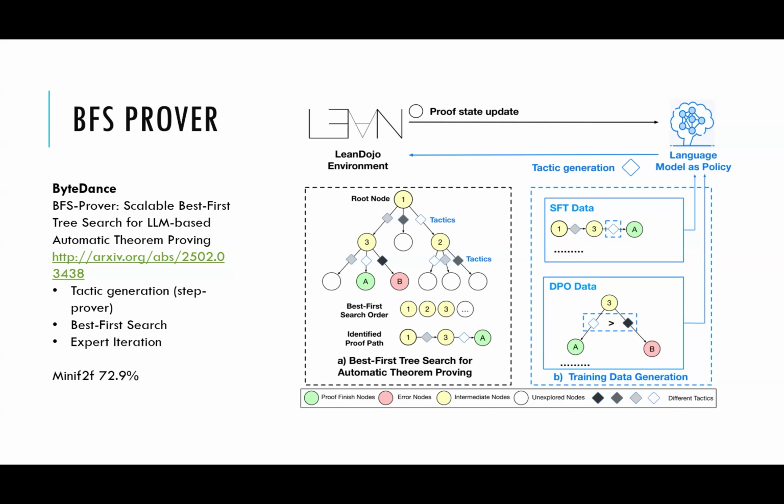So they get a new SOTA of about 70%. Just 1 year ago, the SOTA was about 26%, which was ReProver. Over this past year, because of the development of LLMs and all these techniques, it has come to 73%. So it's very impressive. It's a very emerging area in the application of LLMs. So yeah, that's my point.